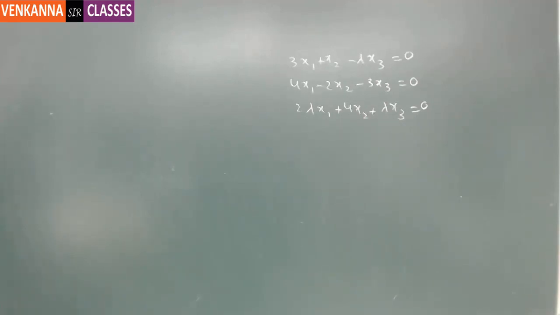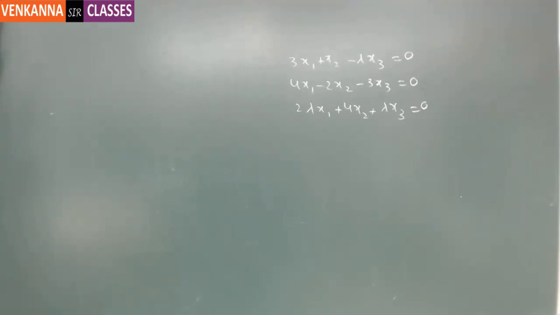So the difference between the previous problem and this one is, earlier is just a homogeneous system. By simply applying the row operations, finding the independent solutions, you can solve it. Here one parameter is given, lambda, so that in order to have a non-trivial solution, what is the criteria we need to check here?